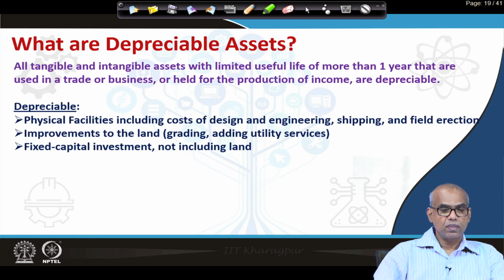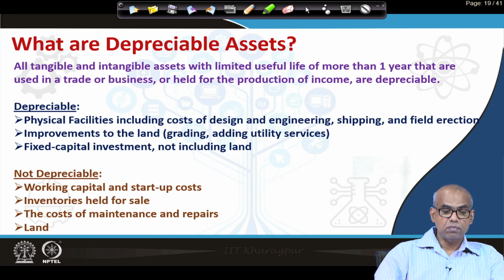For example, physical facilities including cost of design and engineering, shipping and field erection are depreciable. Improvements to the land such as grading, adding utility services, etc. are depreciable, but land itself is not. Fixed capital investment not including land is depreciable.